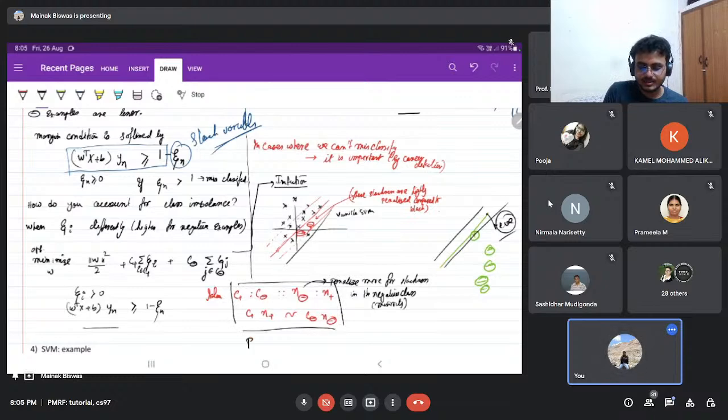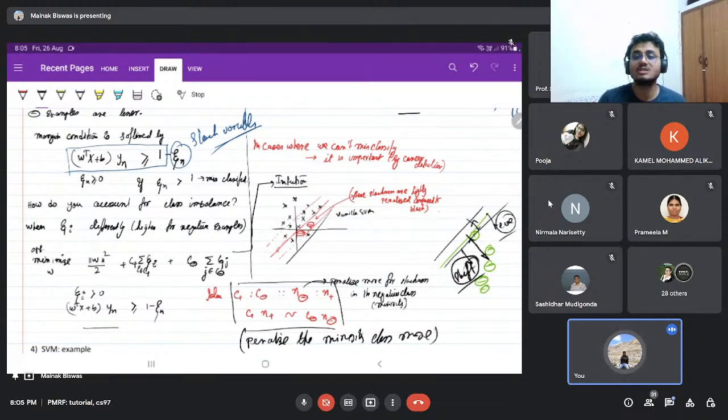So penalize the minority class more. So if you have a smaller minority class, this penalty is very high, so then it will be bound to shift the margin this way. So that's the reason you penalize.